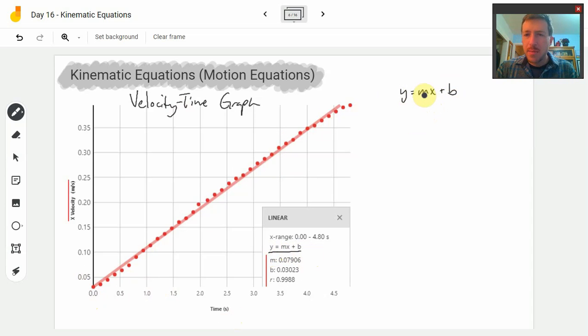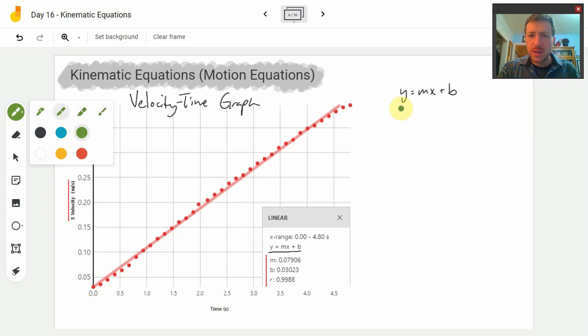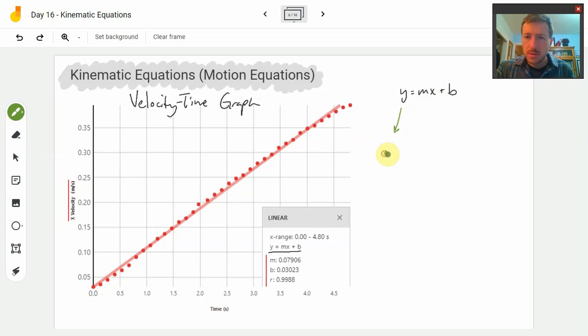You may know that the m, as we already talked about, represents the slope. You may be familiar with the b representing the y-intercept. But what do the y and the x represent? They represent whatever variable is on my y-axis and whatever variable is on my x-axis. On my y-axis, the variable is velocity.